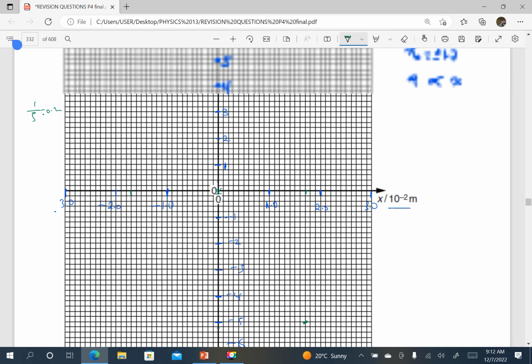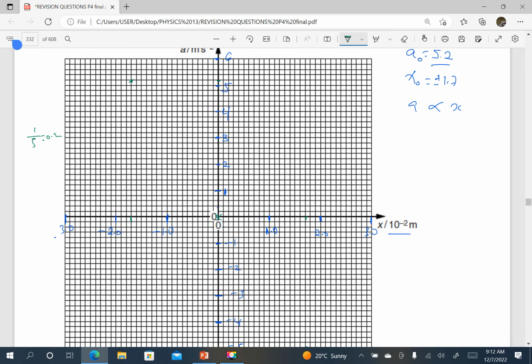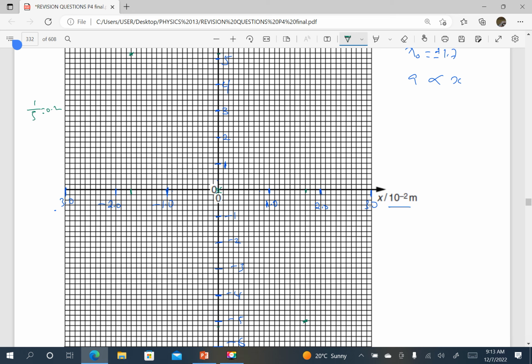When the displacement is positive, the acceleration is also positive, maximum, and so on. So that is a straight line which goes through the origin. I didn't carry my ruler, so I'm trying to improvise. Using a ruler, because you know that this is a straight line, you can draw it very perfectly.